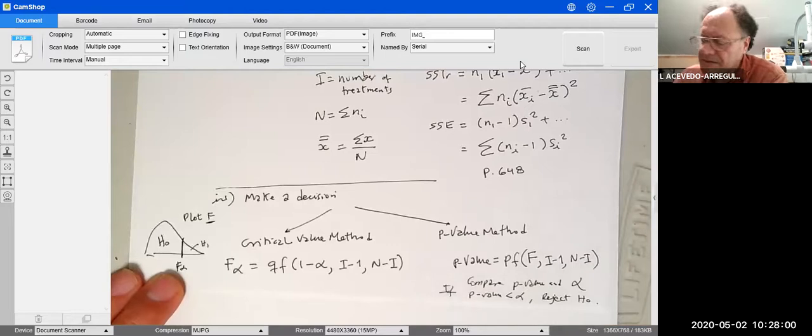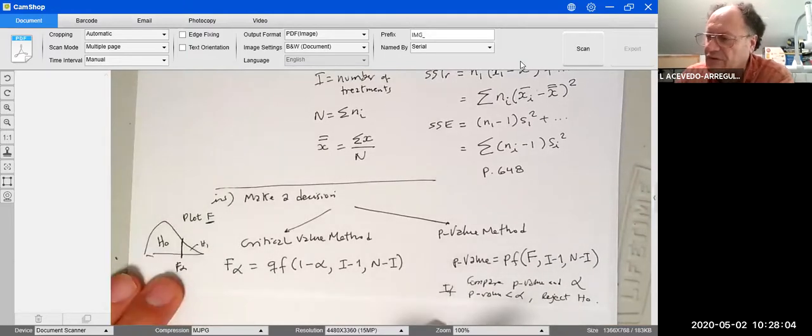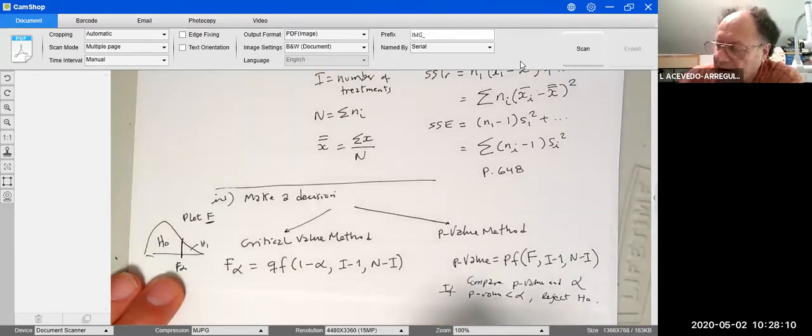So it's a lot of steps, it's a lot of work, but you don't need to do all this work. If you use R, I'm going to show you how to do this with fewer steps. We're going to enter the data, and we're going to obtain a table that is a summary of the one-way analysis of variance.